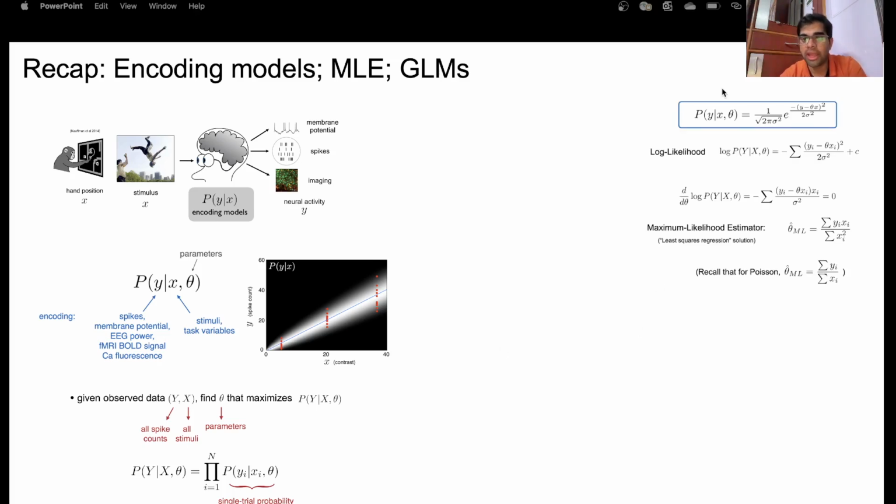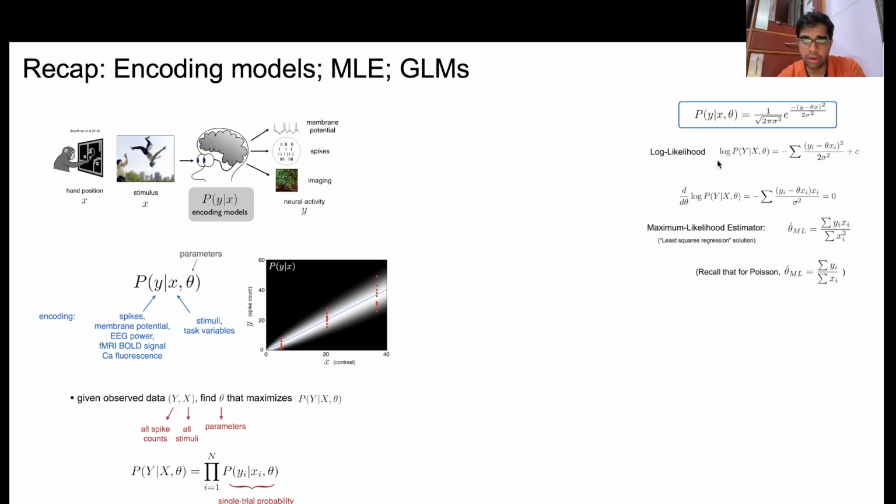For example, if you take the distribution as a Gaussian, which is a linear function of the stimulus contrast, the factor that we are multiplying here is the theta. This is the parameter we have to find, the theta which is best for this mapping between y and x.